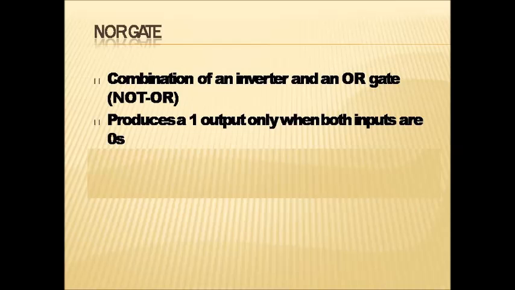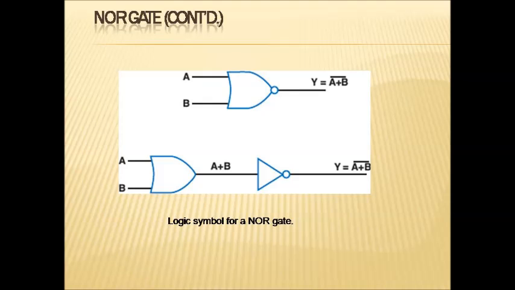Okay, here you can see the diagram of a NOR gate. The diagram is quite similar to the OR gate. The difference is that it has got a bubble at the tip of that OR gate.